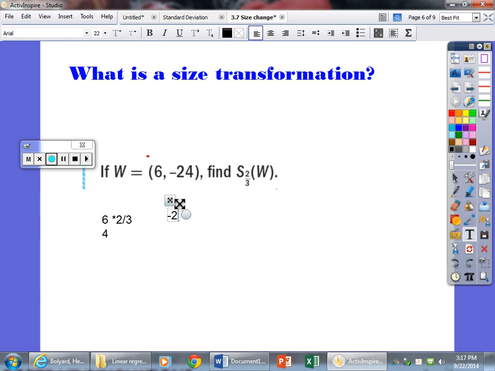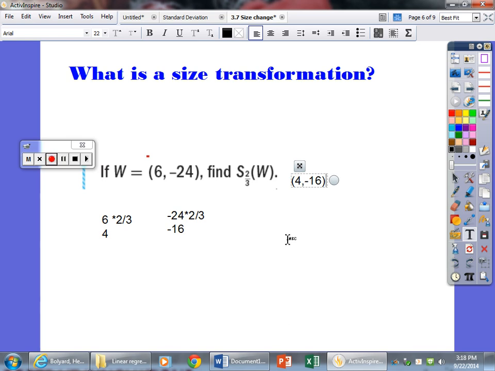So negative 24 times 2/3. And when I multiply negative 24 by 2/3, I'm going to get negative 16. So whenever I change this by a size change of 2/3, my new point turns out to be (4, -16). And this is a size change.